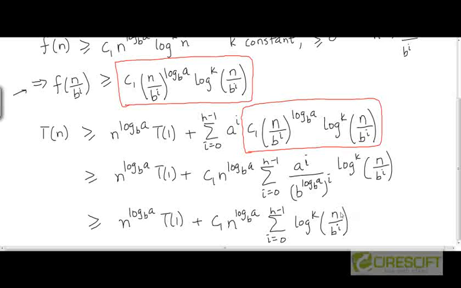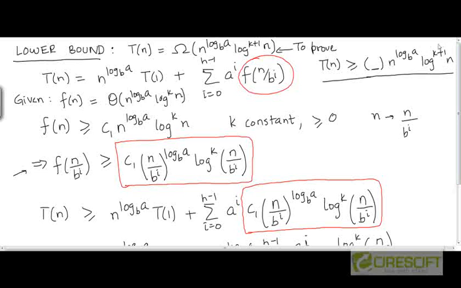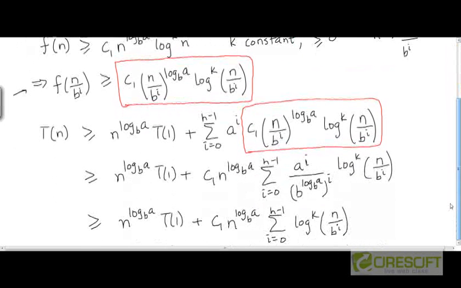Now if you're able to prove that this summation is greater than or equal to some constant multiple of log to the power k plus 1 of n, then we will be able to substitute that constant multiple of log to the power k plus 1 of n in place of this, and thus get something even smaller than T of n.